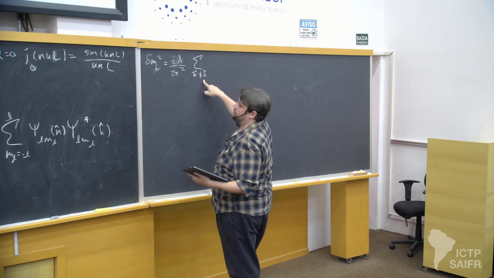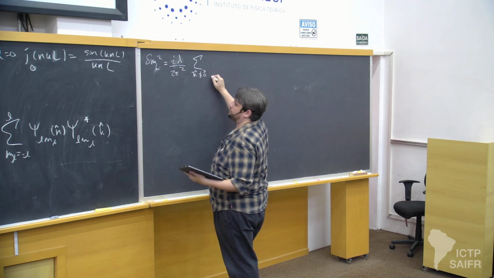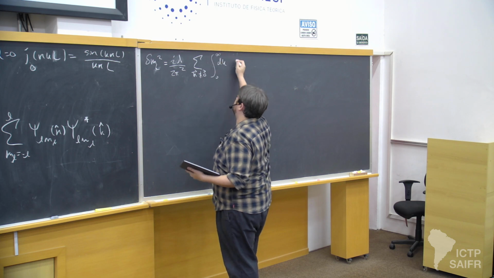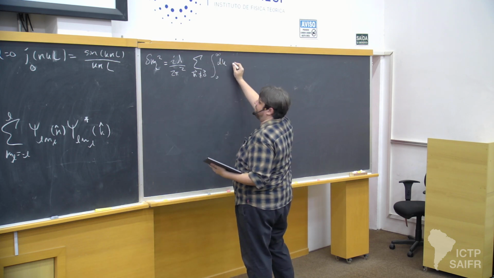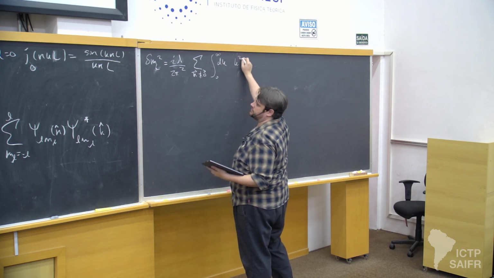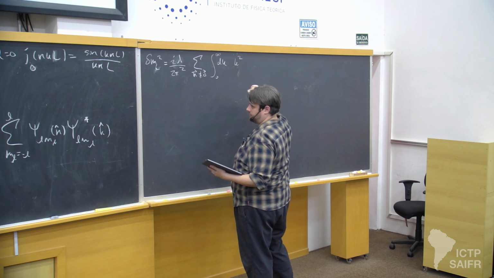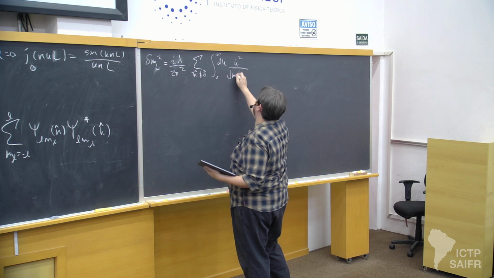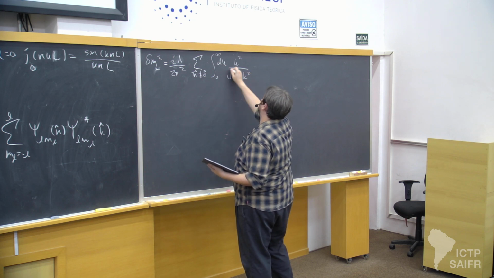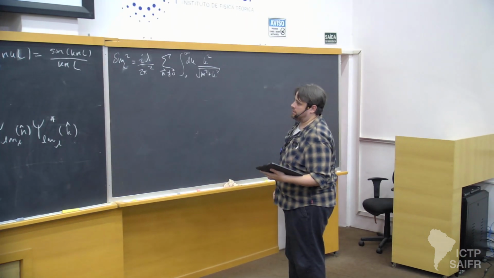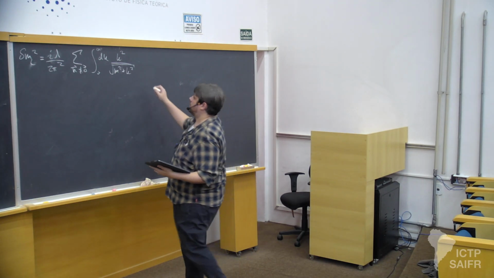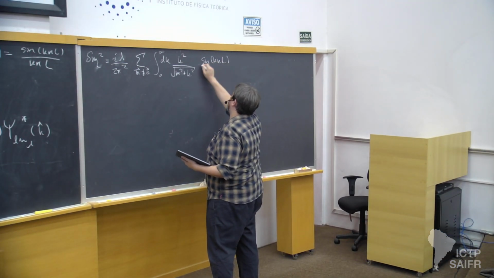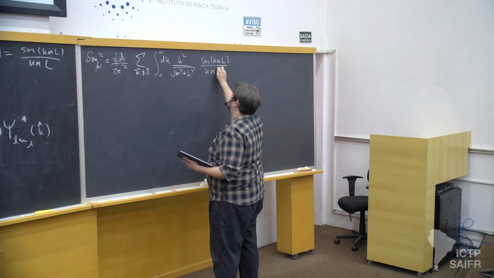You're going to have the integral of dk 0 to infinity, k squared over square root of m squared plus k squared, sine k n L over k n L.